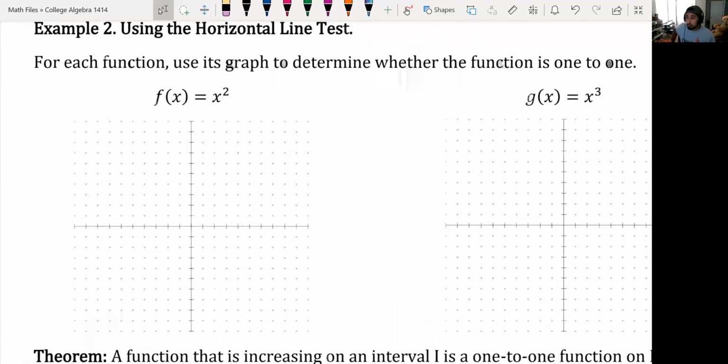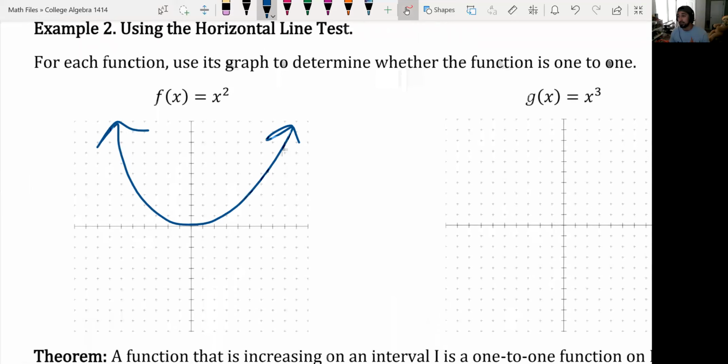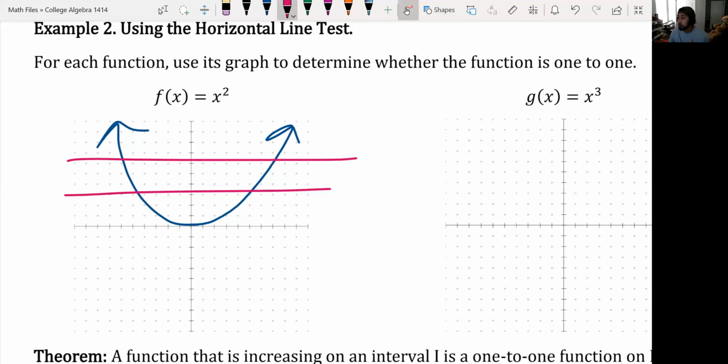Okay, so let's look at the graph of x squared. X squared, we know, looks like this. And if I draw a horizontal line through it anywhere, no matter where, we always will intersect twice, more than once.